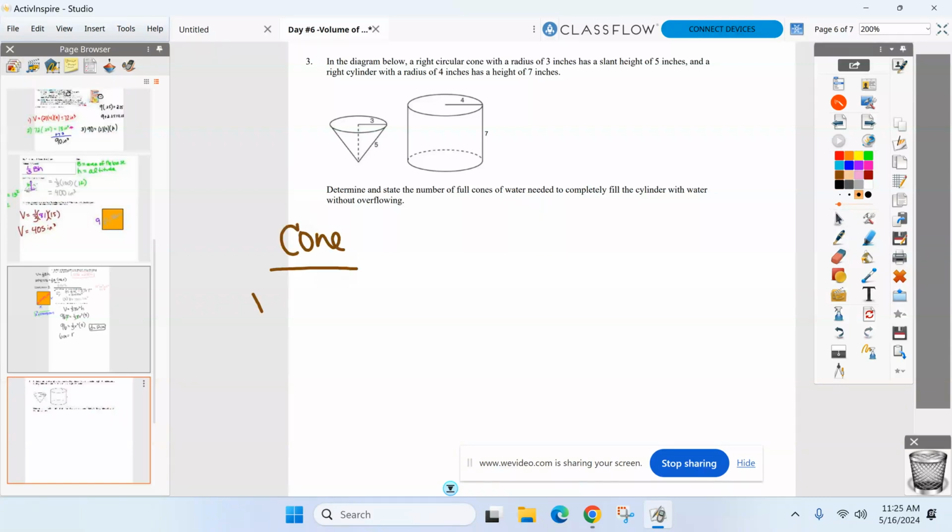So the cone and the cylinder both have different volume formulas, but again, you guys have formula sheets to figure out what they are. You're going to have to do a little work for the cone, right?